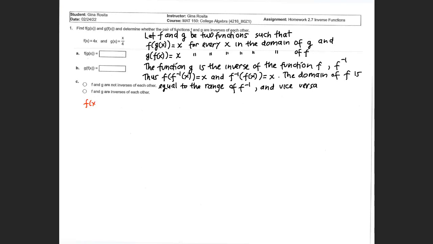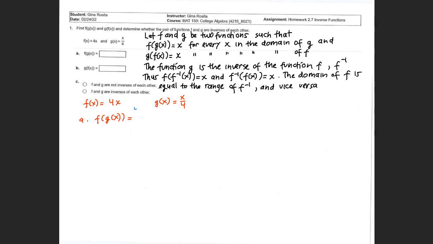f of x equals 4x and g of x equals x over 4. Okay, so we're looking for f of g of x. Look at the function f of x, which is 4x. I just put it on the top over here.